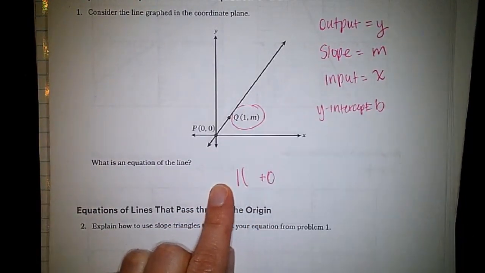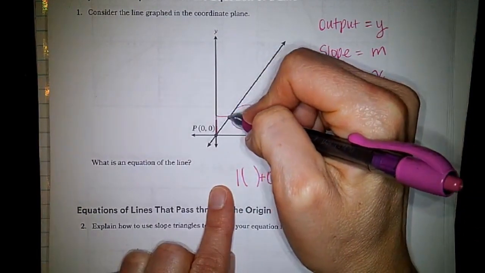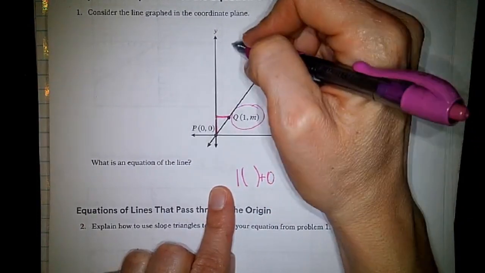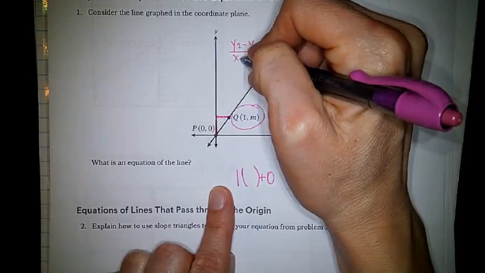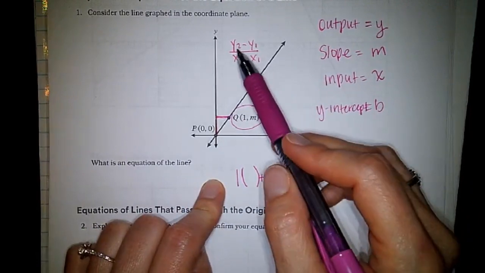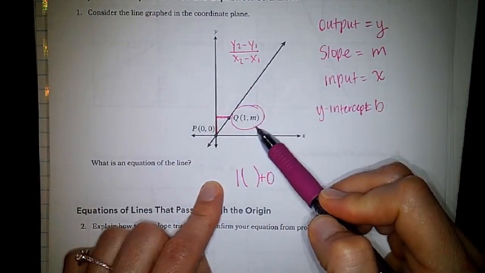And we're going to multiply times our slope. Do we know what our slope is yet? Can we figure it out? Yes or no? Don't we know how to do that from 2 points? So y2 minus y1 over x2 minus x1. So what's y2? m.